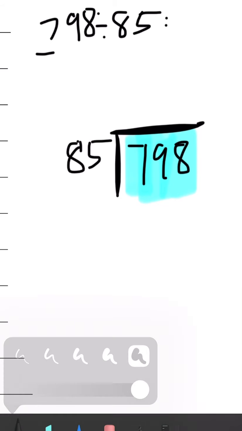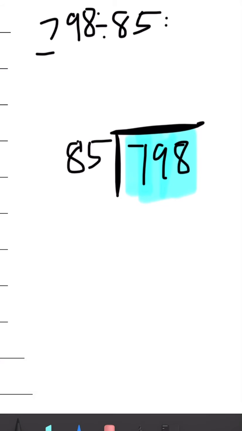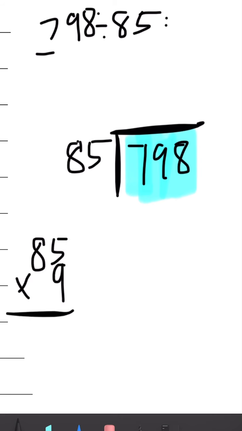Again, it's hard to look at it this way, so we'll multiply instead, and we'll try 85 times 9. 9 times 5 is 45, carry the 4. 8 times 9 is 72, plus 4 is going to be 76.